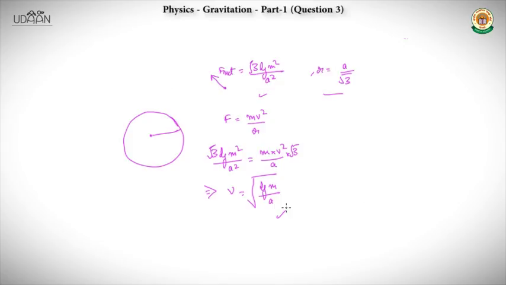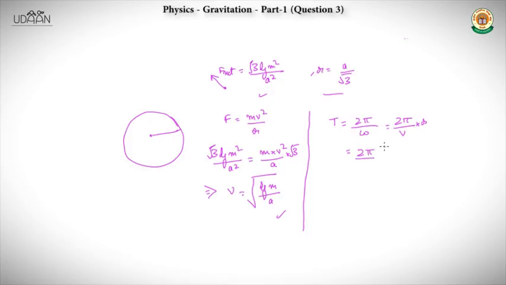Next, we have to find the time period. Time period is equivalent to 2 pi upon omega, where omega is the angular velocity. Omega can also be written as v upon r. So I'll just plug in the values again.